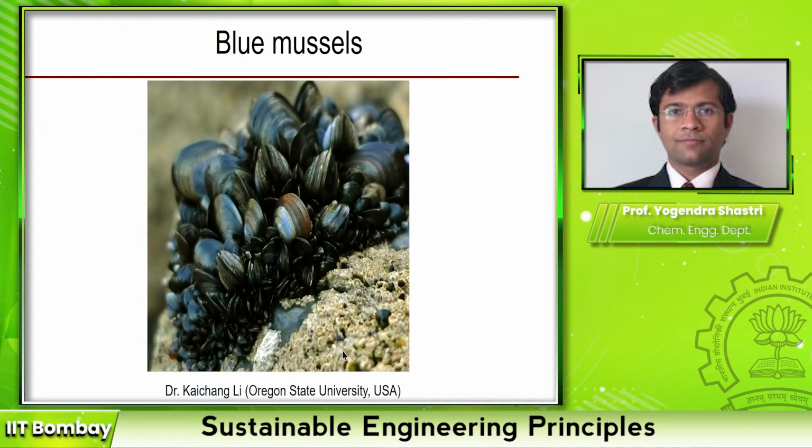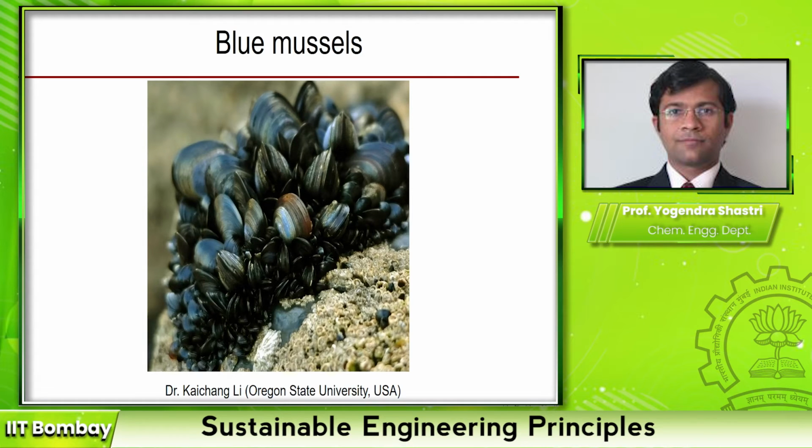Rock surfaces are not smooth. You have waves that are constantly hitting the rocks. The water is salty. So from a stickability standpoint, this is a very rough environment, and still blue mussels are able to stick to the rock surface very firmly. So the question is, what is the reason for this?